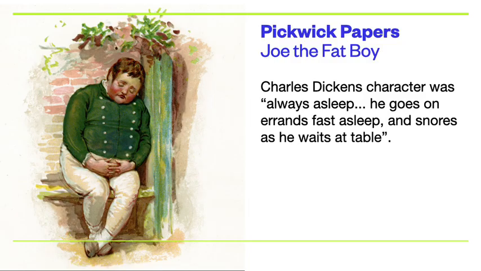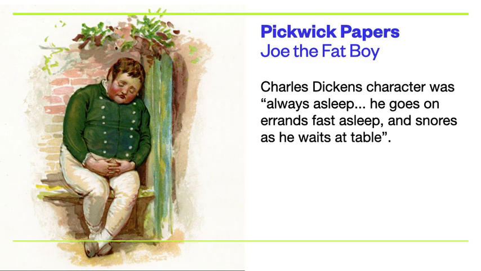Charles Dickens, many years ago, introduced a character in one of his books called the Pickwick Papers. Joe the Fat Boy. This was a character who was always asleep. He was a messenger, and when he goes on an errand, he falls asleep and snores while waiting to do his work.